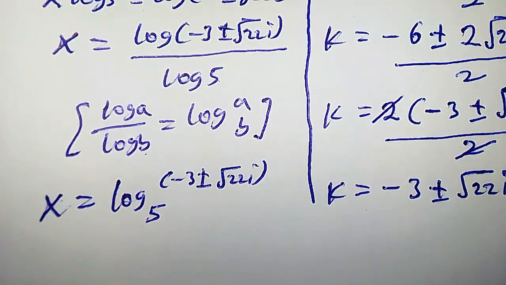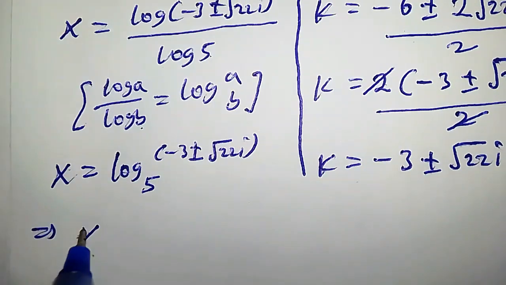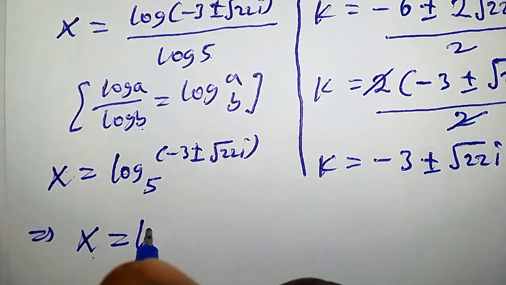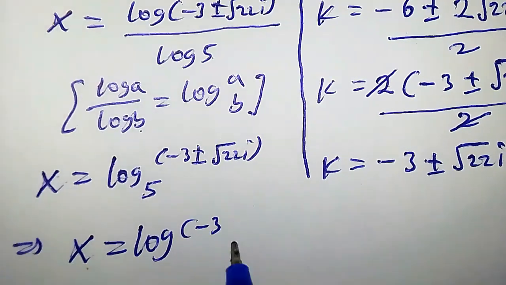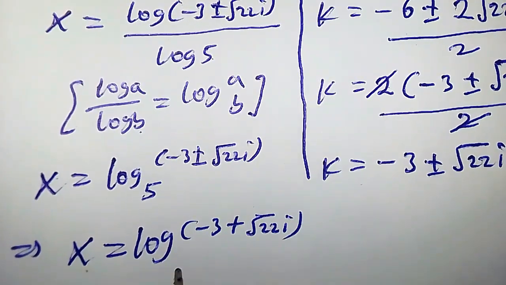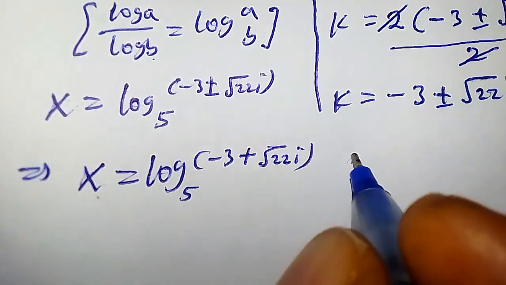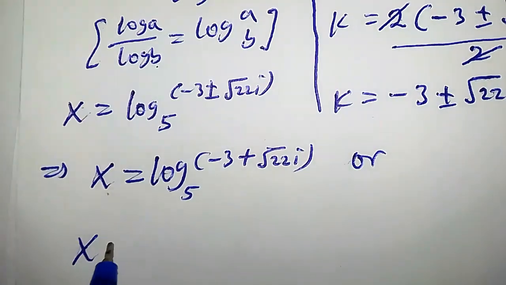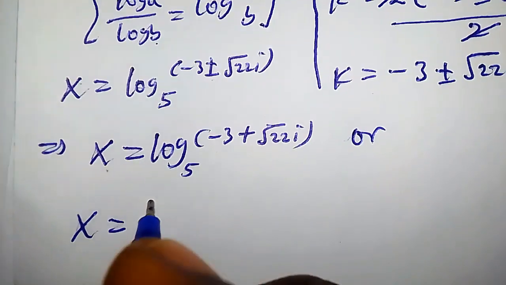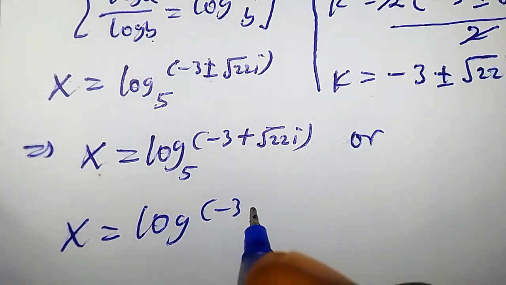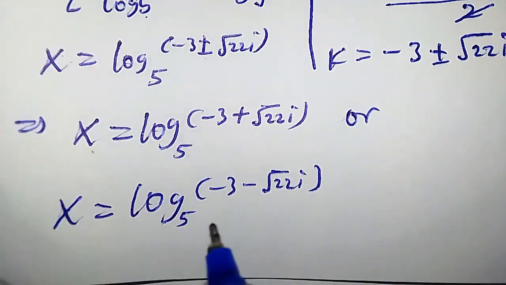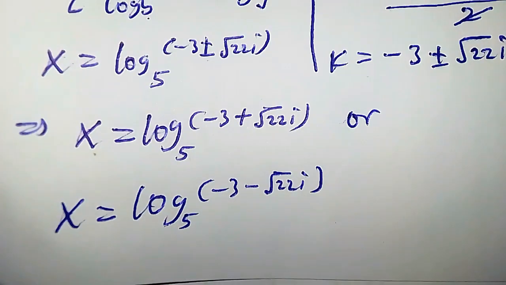So this implies that x is equal to, considering the positive sign, log of minus 3 plus square root of 22i base 5, or x equals to, considering the negative sign, log of minus 3 minus square root of 22i base 5. These are another set of solutions.